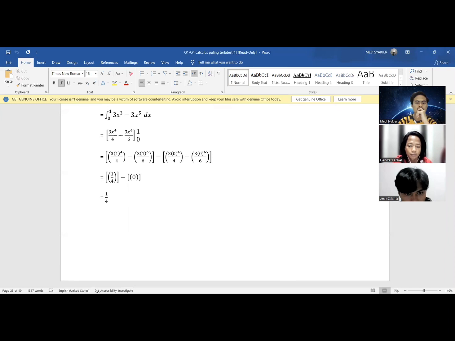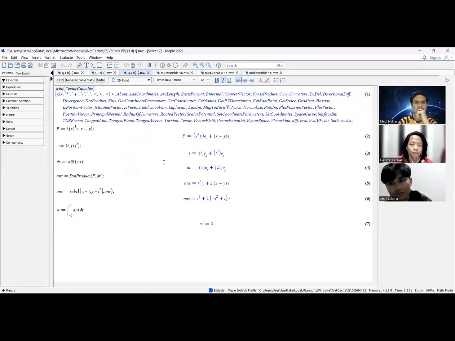Now let's proceed to question 3D, which is the last question. For this simulation we type with, in brackets, vector calculus, and then we enter.